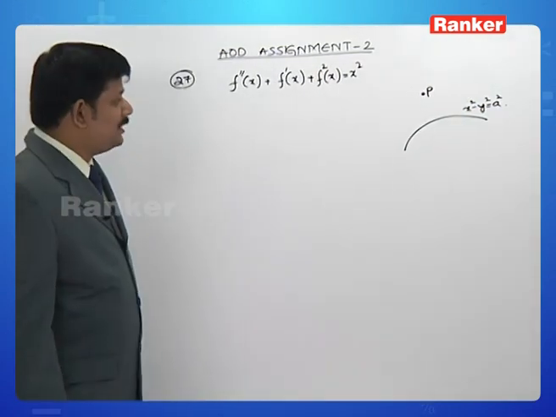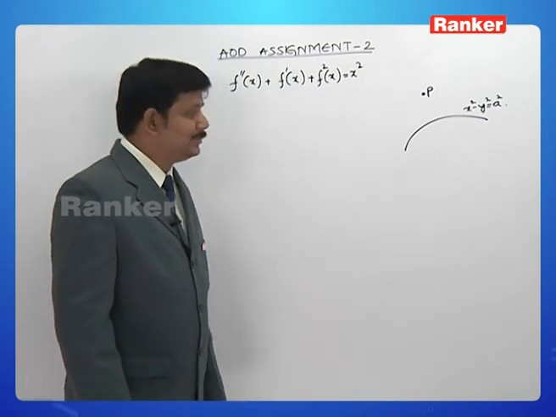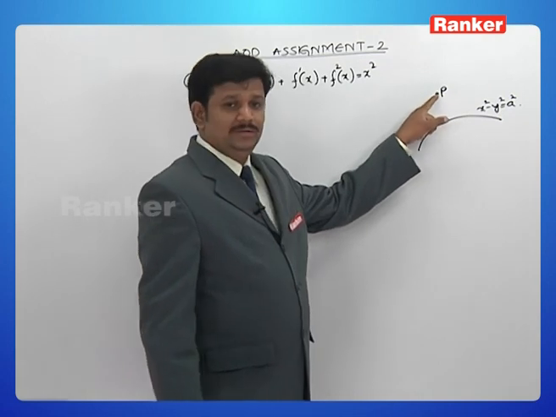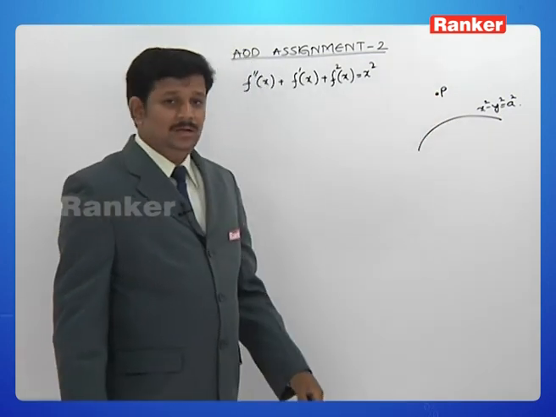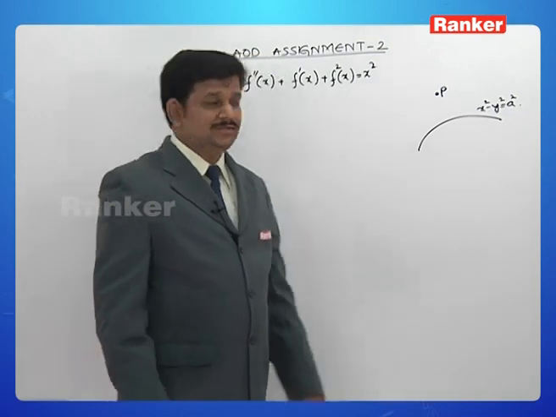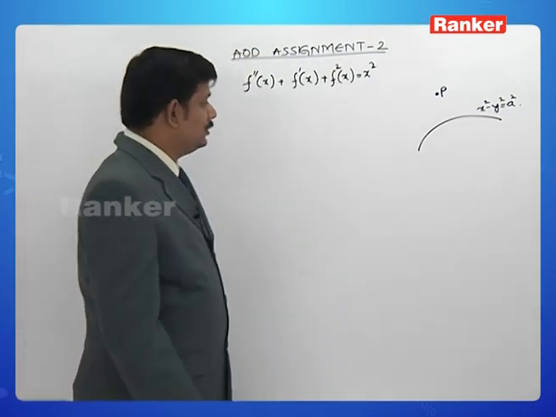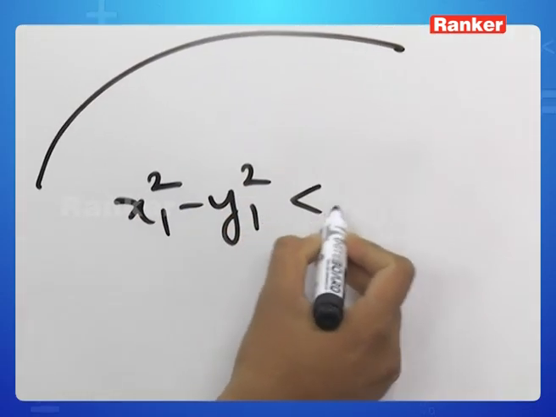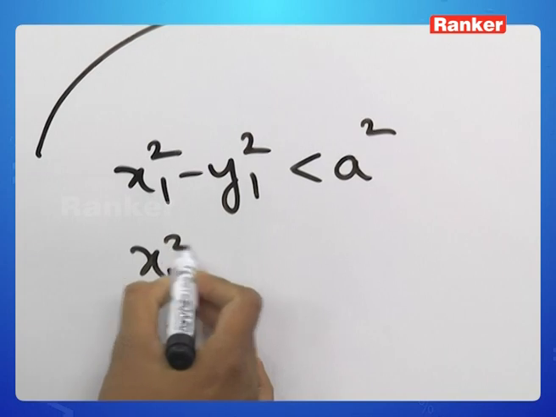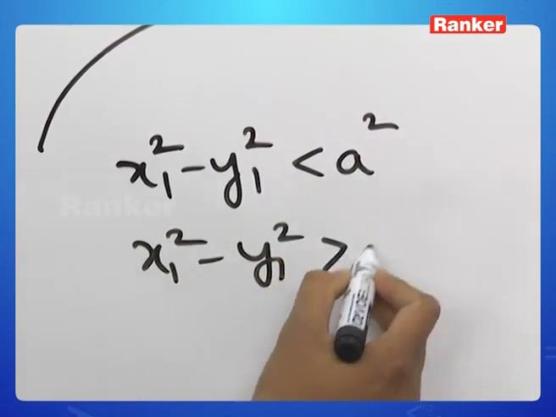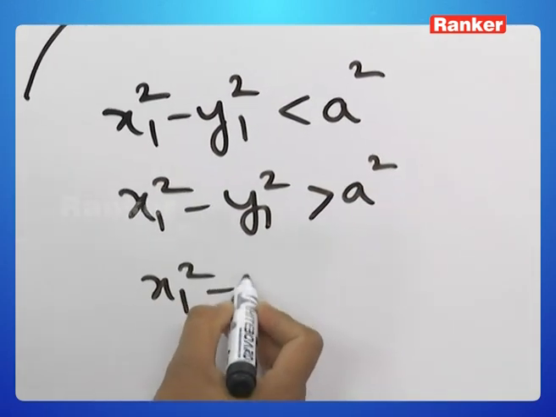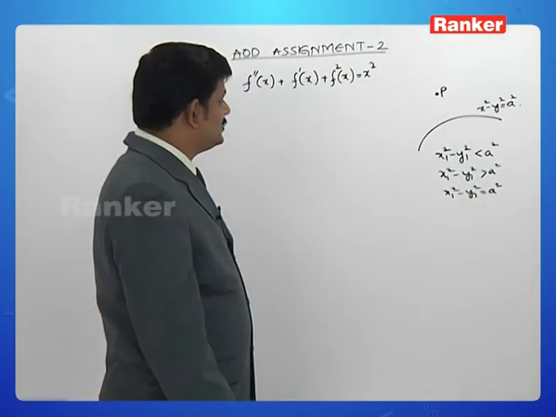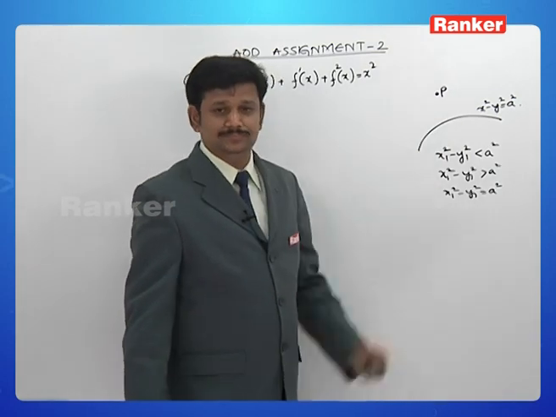Now x square minus y square equal to a square is a rectangular hyperbola. Now the number of tangents that can be drawn from any point depends on whether the point is outside, inside or on the curve. So based on if x1 square minus y1 square is less than a square, or greater than a square, or equal to a square, we can decide the number of tangents that can be drawn from the point P to the curve.